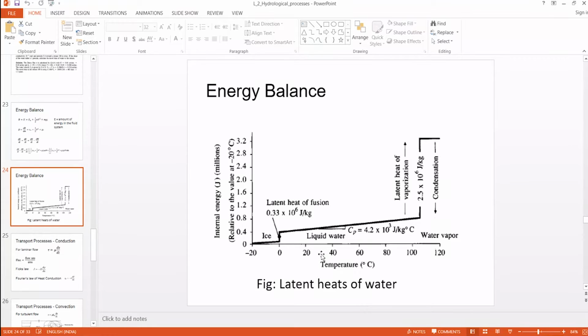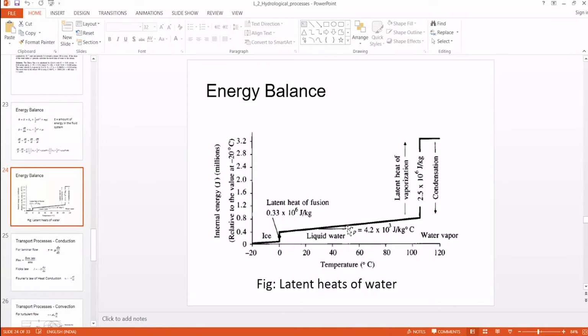So you see, even evaporation takes place in the polar regions, where the ice becomes vapor. For that, it requires latent heat of fusion, which is equal to 0.33 into 10 power 6 joule per kg. This latent heat is obtained from solar energy.